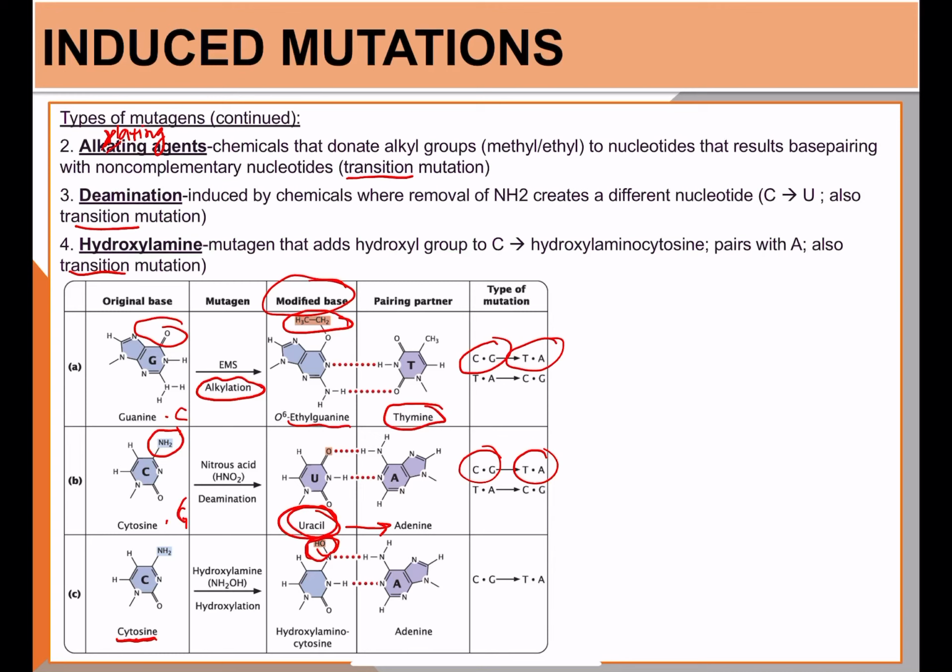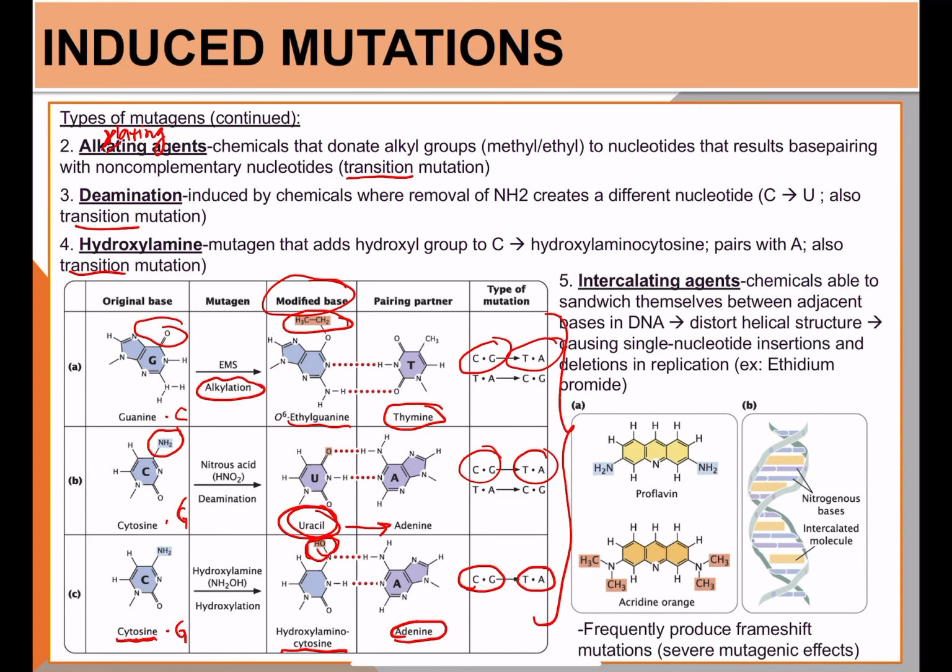So now it becomes hydroxylaminocytosine, which originally is supposed to pair with G, but now because it has changed its chemical structure, it pairs with adenine instead. Again, instead of CG, now you have a TA type of binding. So all of these three are transition mutations, because it switched from a CG type of pairing to a TA type of pairing.